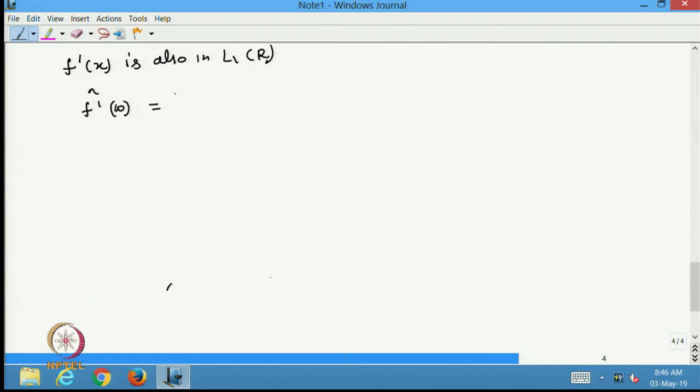What is this? The integral of e to the power minus i omega x times f'(x) dx. That is why I have chosen f'(x) in L1(R), because only then I can talk about the existence of this Fourier transform.